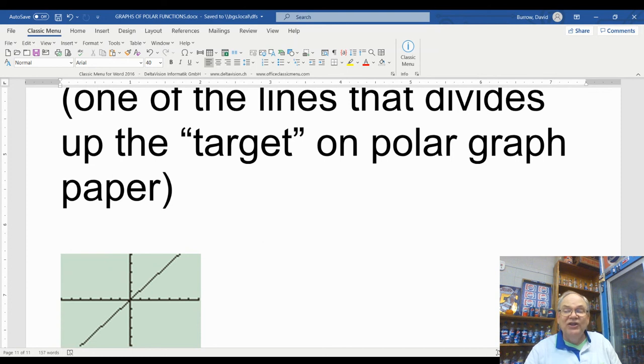Now, you actually can't graph this in polar coordinates on your calculator. What I literally did is I went back into rectangular form and I graphed the line y equals x, which is the same as 45 degrees in polar coordinates.